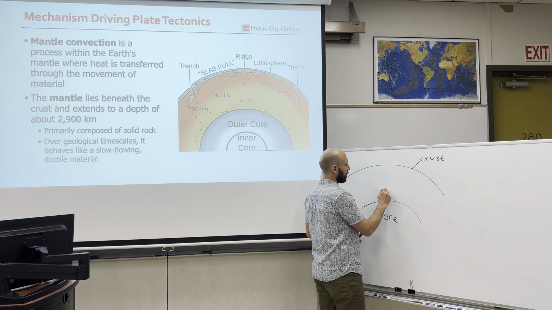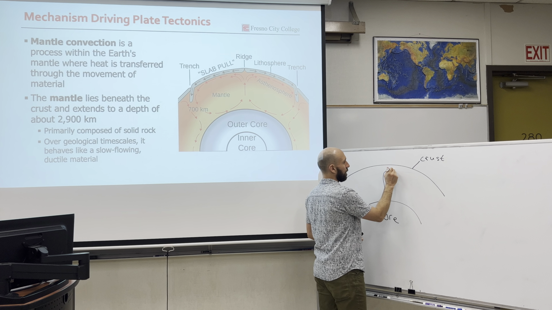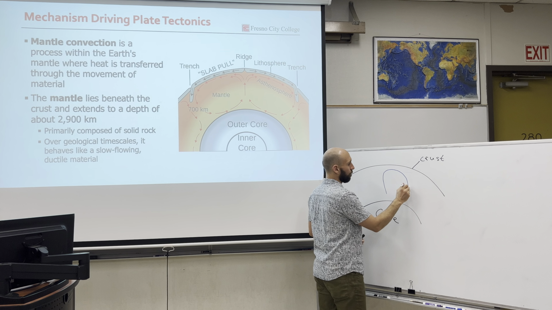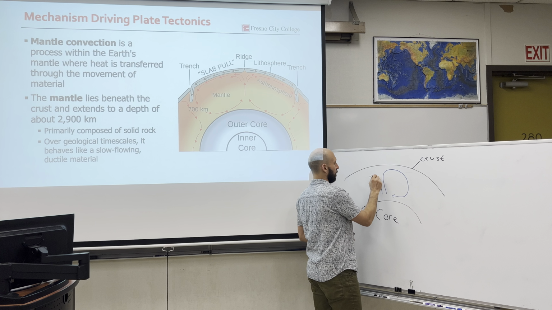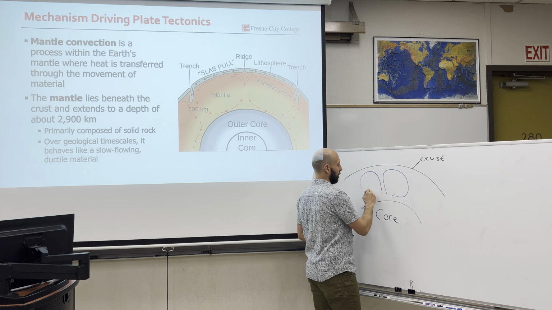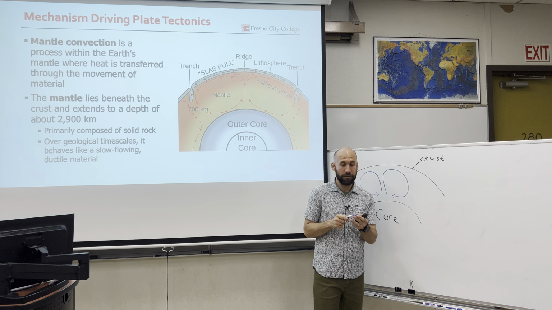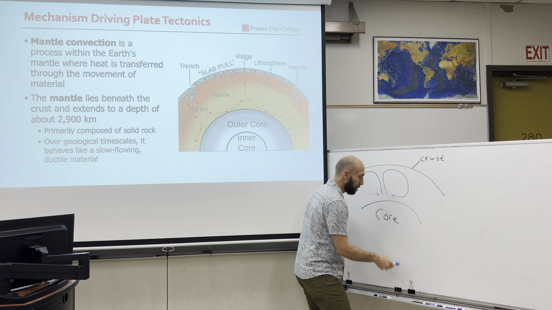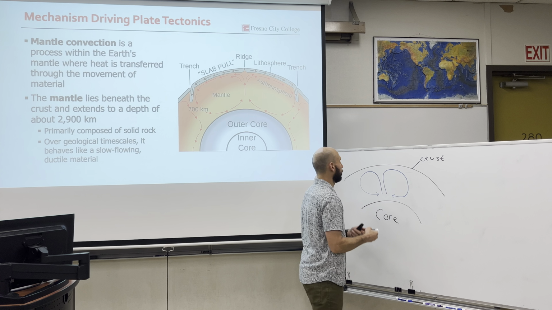And what happens is that it flows and the heat rises. That heat cools and it moves away from where it rises and it returns. Heat rises and it returns. Now, this process is going to happen over very long periods of time, millions to tens of millions of years.